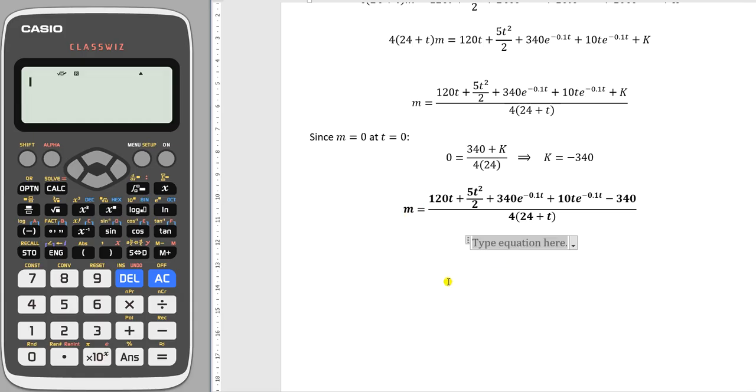Now, we can start by finding M when t equals 30. And we can do that using the calculator. It's a bit tedious, but it works.